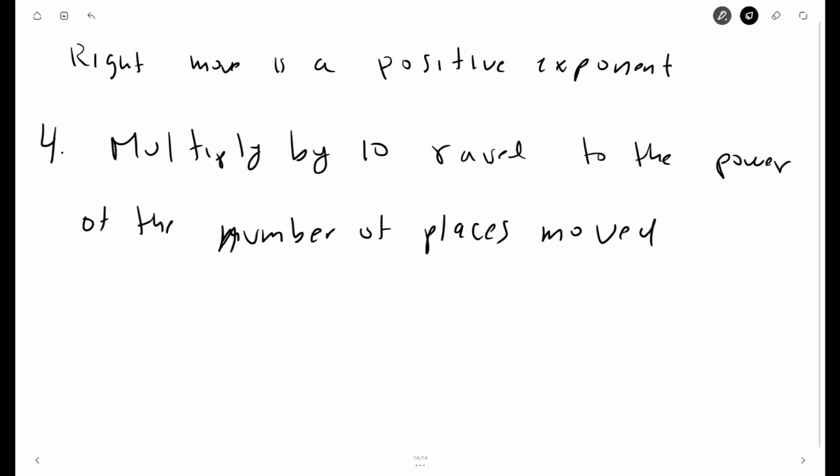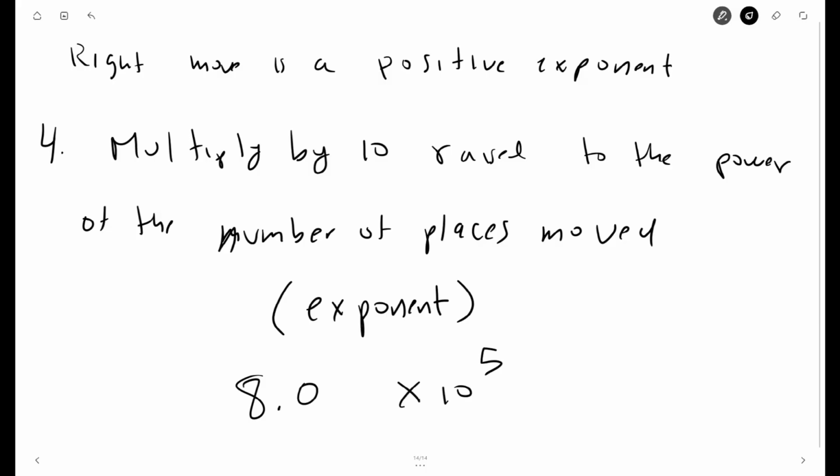The raised number, remember, is called the exponent. So at the end, you should look for a number that looks as follows, like 8.0 times 10 to the 5th.